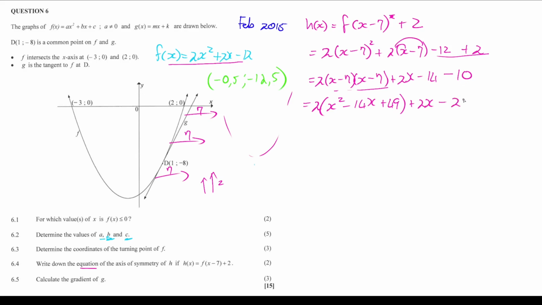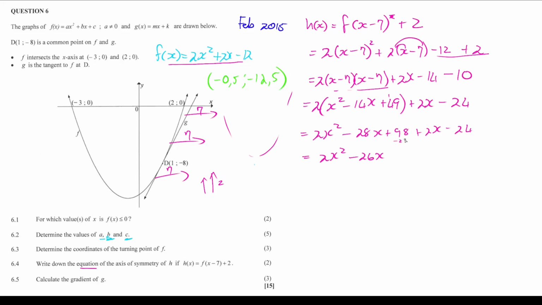And then we'll end up with 2x squared minus 28x plus 98, plus 2x minus 24, which is minus 26x.